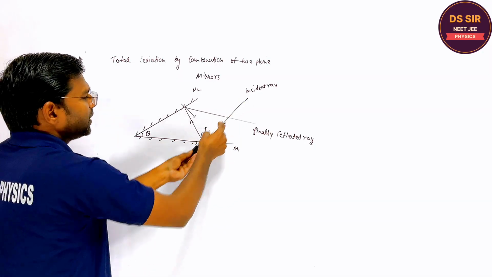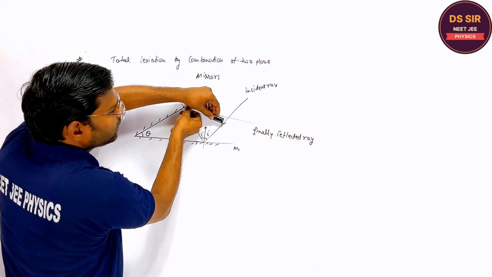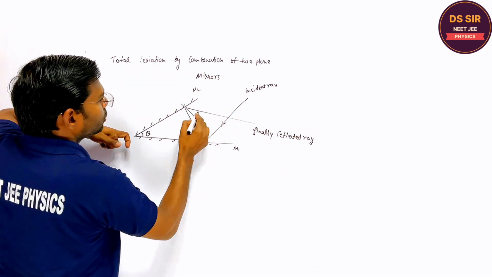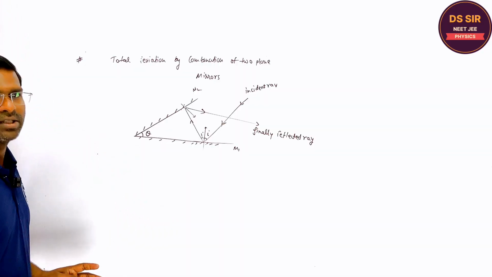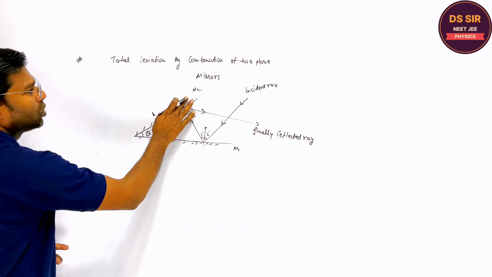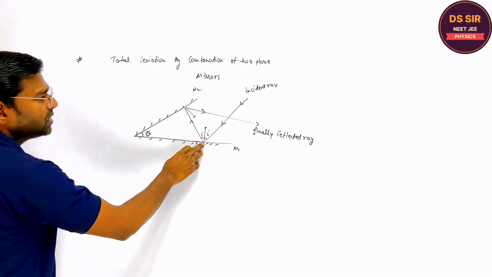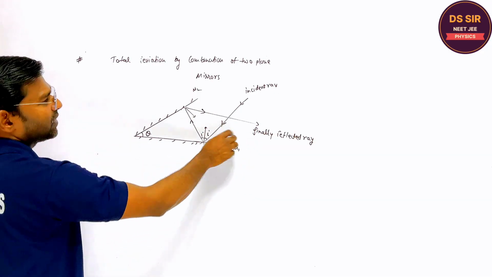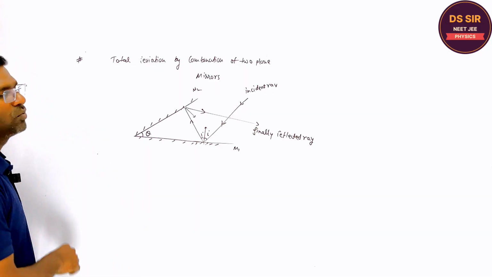But now it deviated, then again deviated, and it is going in this direction. So you have to find the total deviation. You understand this or not? The incident ray is twice reflected, and what angle the finally reflected ray makes with the incident ray, that you have to tell.